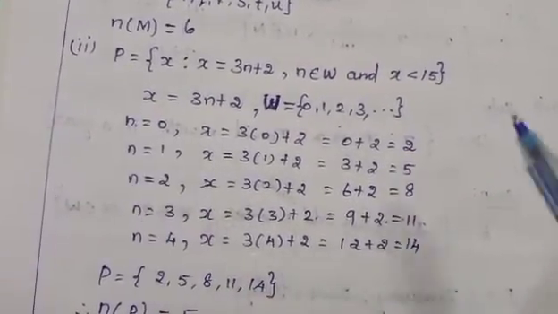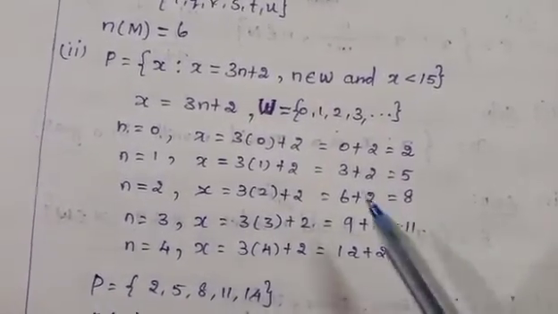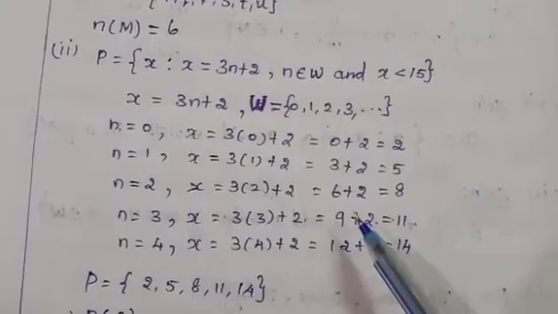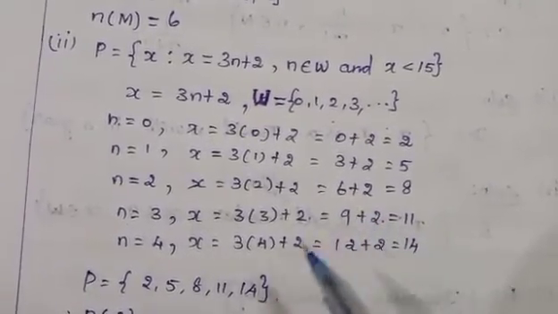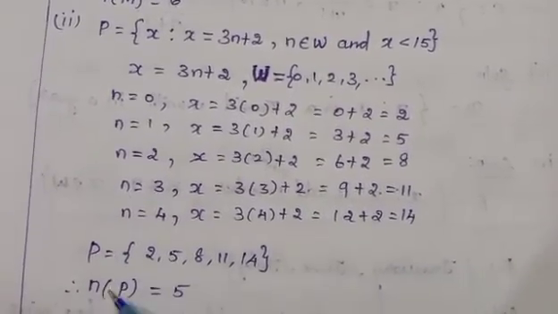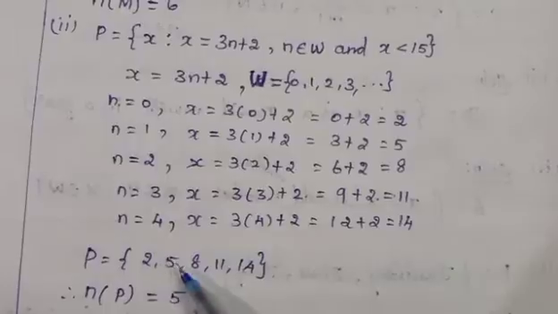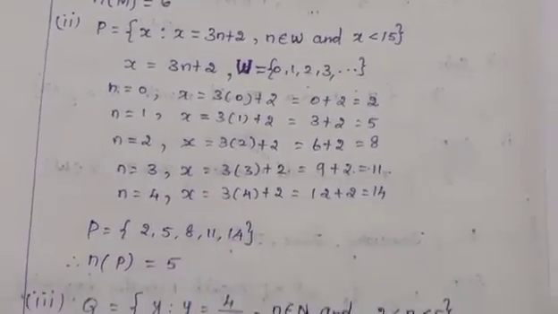P is equal to 2, 5, 8, 11, 14. Have you understood this problem, students? Yes? Okay. Now we want to find the cardinal number of this set P. So n of P is equal to 1, 2, 3, 4, 5. This is the answer. Okay.